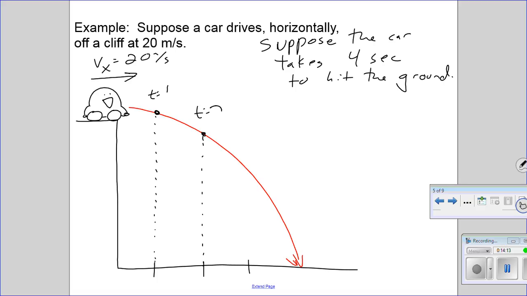T equals 2 seconds. That's the last time you have to hear me do that. T equals 3 seconds. T equals 4 seconds. All right. And during each of those 1 second intervals, how far did the car go? 20 meters. So that means that each of these dotted lines are 20 meters apart.